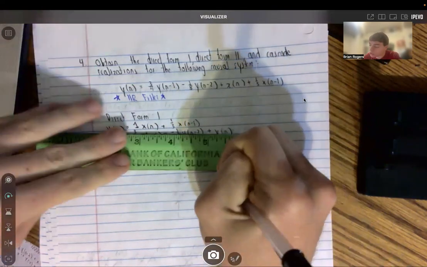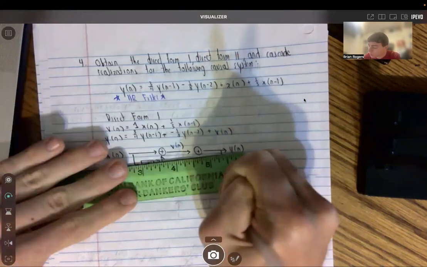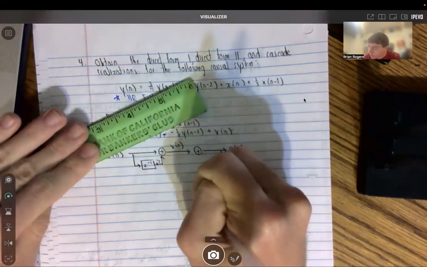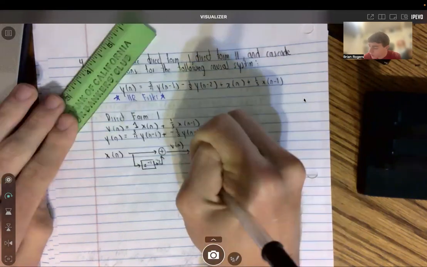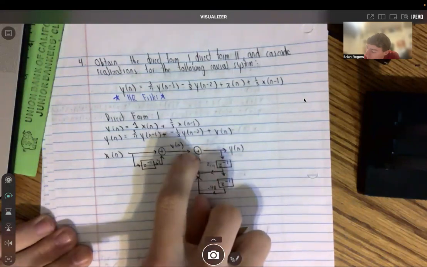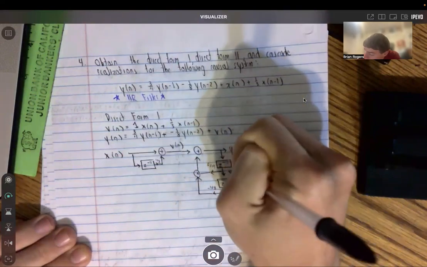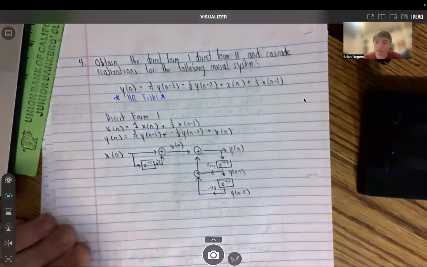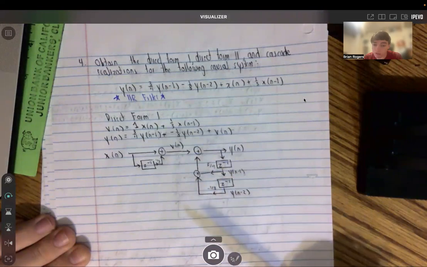Within our shifting blocks, the first one multiplies by 3 over 4, and the next one multiplies by minus 1 over 8. Here would be the summing block of the two, and then it goes in here. So coming into our y of n, it's going to be v of n plus 3/4 y of n minus 1, because at this point it's y of n minus 1, then minus 1/8 y of n minus 2. Okay, so that's our y of n. That's how we're able to structure it in the direct form 1 structure.